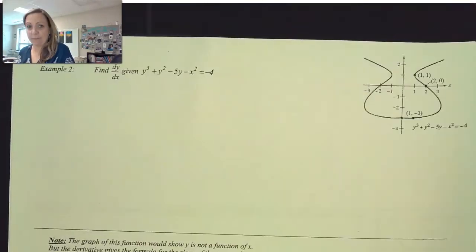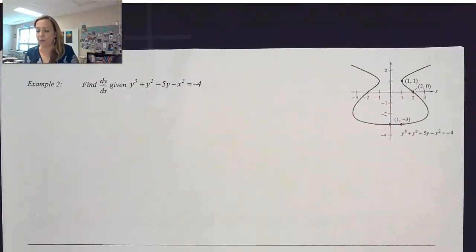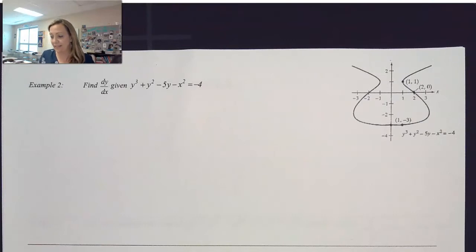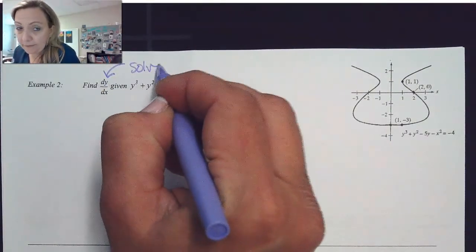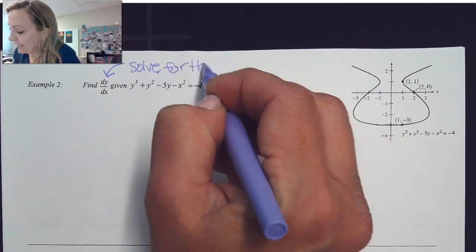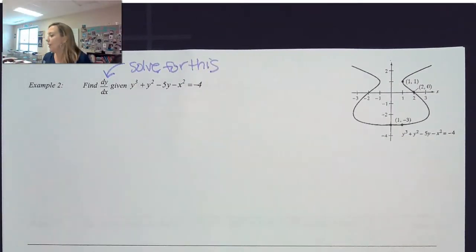So let's take a look at this super fun example. We're going to find dy dx given y cubed plus y squared minus 5y minus x squared equals -4. This is basically saying we want to find dy dx. So essentially what we'll do is take the derivative with respect to x of each side.